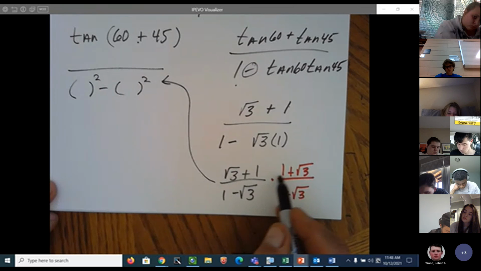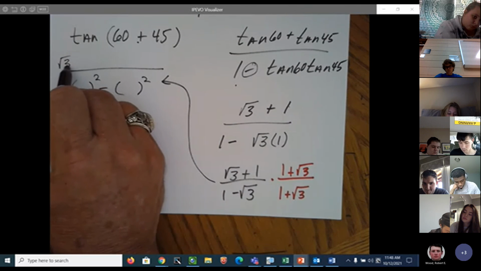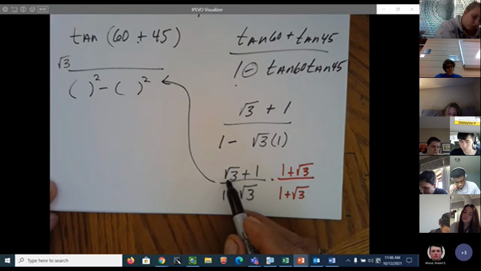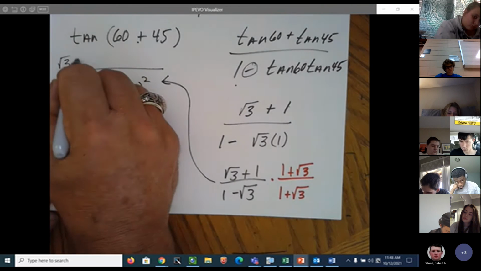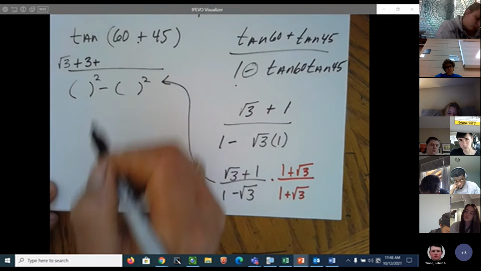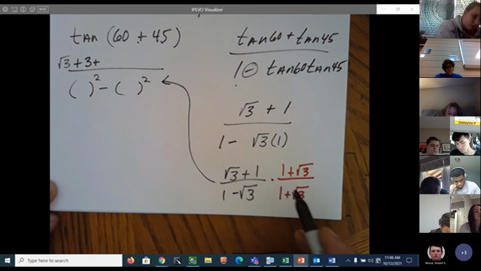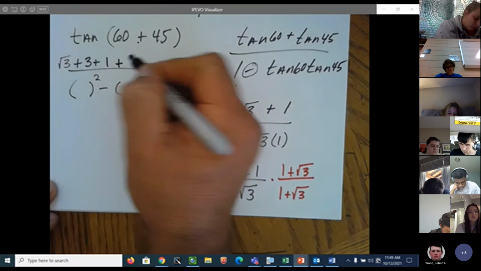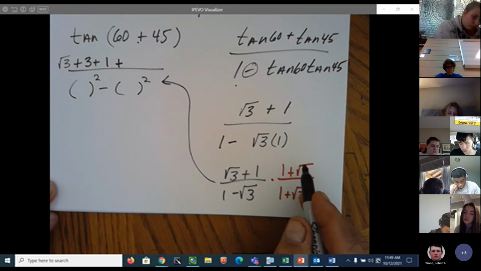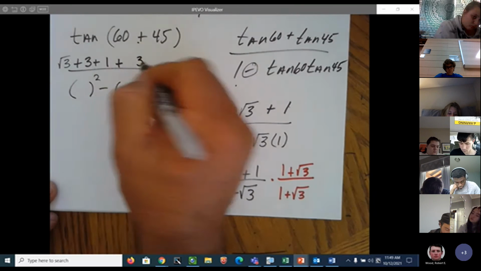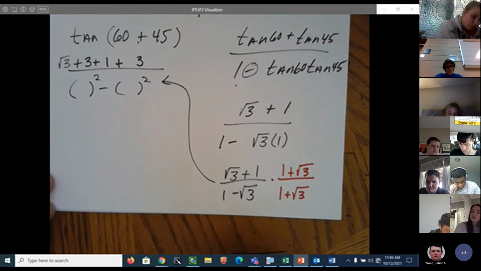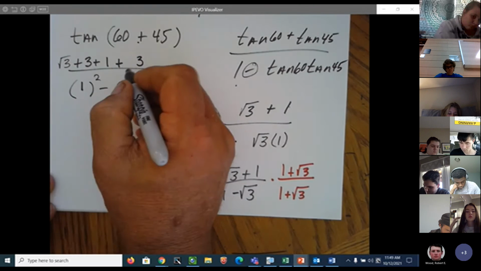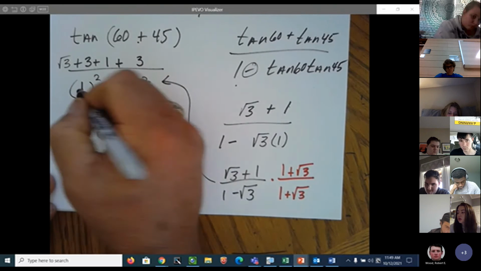And the FOIL method on top. Square root of 3 times 1, square root of 3. Square root of 3 times square root of 3 is 3. 1 times 1 is 1. And square root of 3 times square root of 3 is square root of 9, which is 3. Y'all check my algebra. And then 1 goes here, and the square root of 3 goes here.